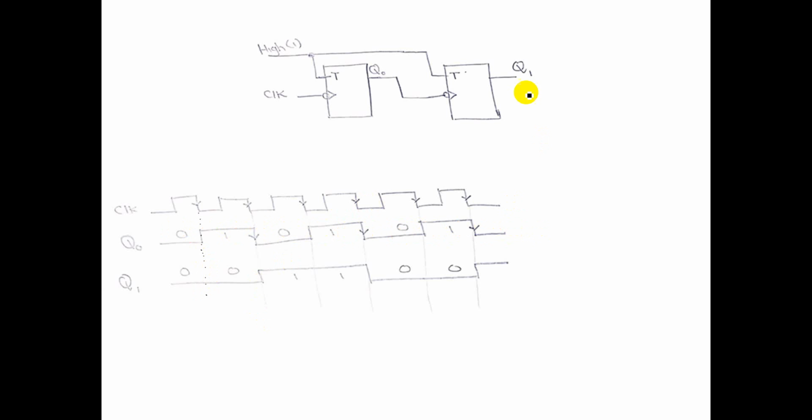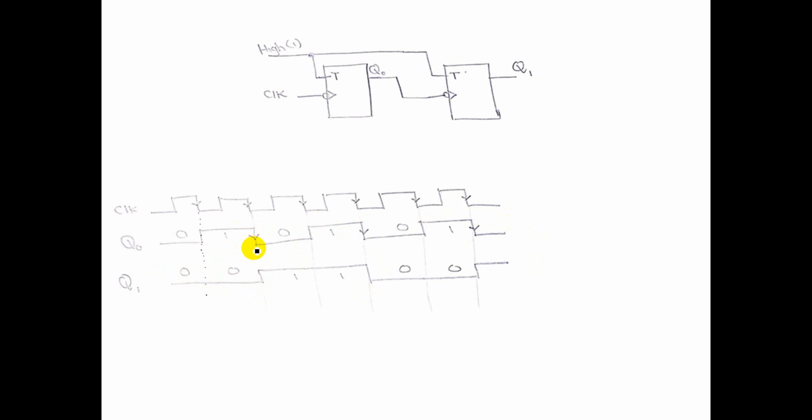Okay, let's discuss Q1 here. For Q1, again, the input here is high, so it means it will always complement depending upon this clock signal here. Now you can see this is a negative edge of Q0, so we have marked Q0. For Q0 here, this is the negative edge, and this is the negative edge here. So this output will depend upon these transitions. Initially it was reset, so it will stay reset until the first negative edge of Q0.